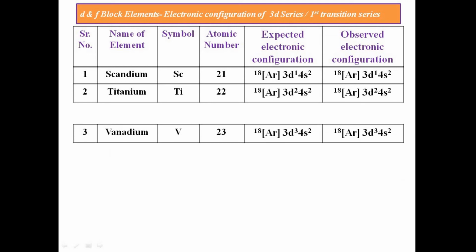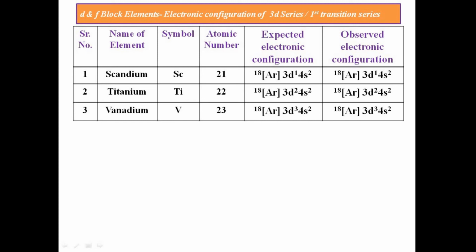Then the third element, vanadium, symbol V, atomic number 23, electronic configuration [Ar] 3d3 4s2, where expected and observed are the same.